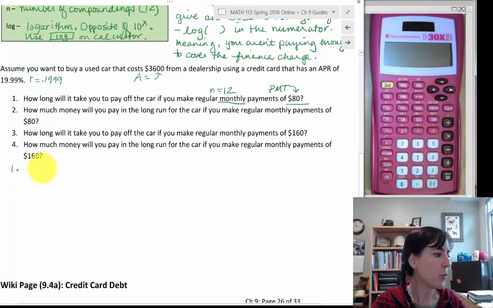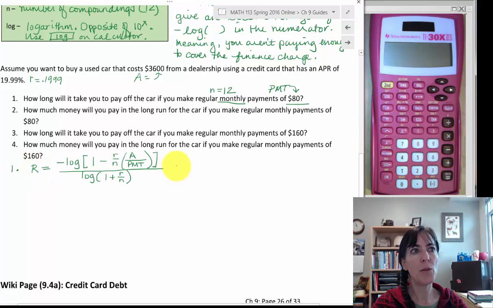Number 1, we'll write out that formula one time with nothing in it, and then I can just string it along with an equal sign because this will be the formula filled in, and I'll have to do a negative log eventually. Inside my parentheses I have 1 minus, my R is 0.1999.